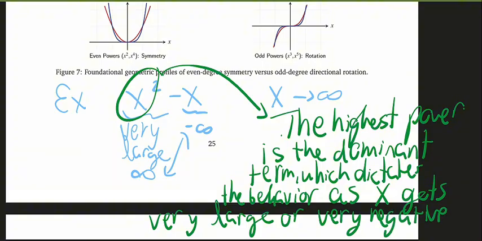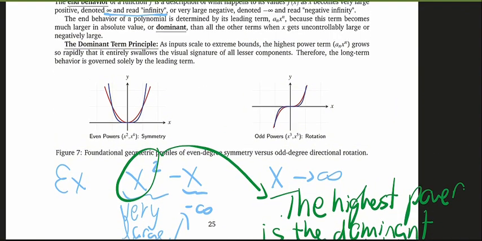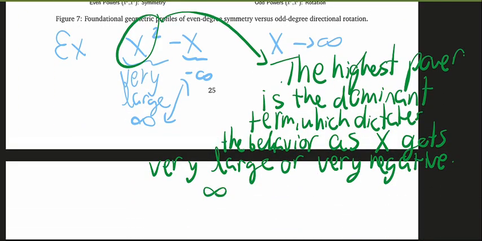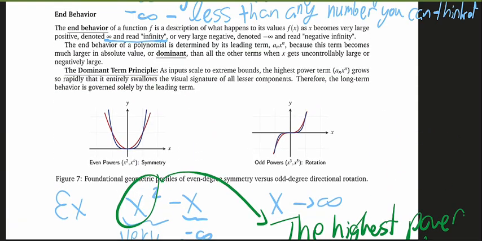In that sense, I mean negative a gazillion. There is no nice way to put it verbally, or at least none that I can think of. That's what I mean by infinity and negative infinity. So the dominant term is in effect what dictates this.